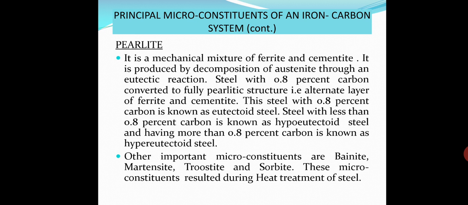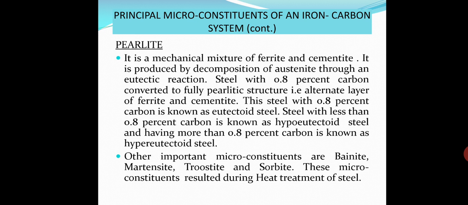Next is pearlite. Somewhere the microconstituent is a solid solution; here it is the mechanical mixture of ferrite and cementite. So pearlite is a mechanical mixture of ferrite and cementite. It is produced by decomposition of austenite through a eutectoid reaction.